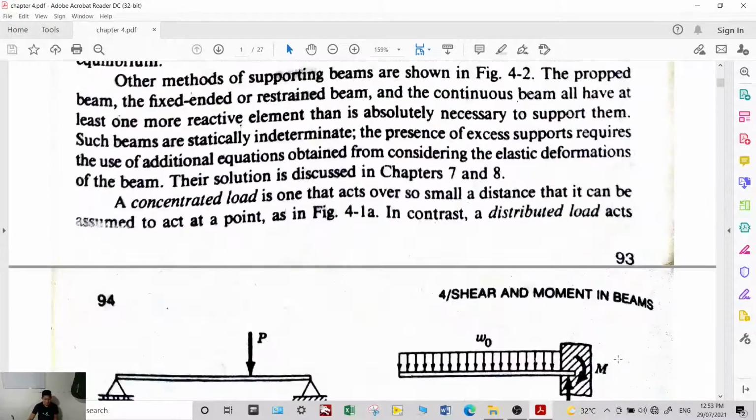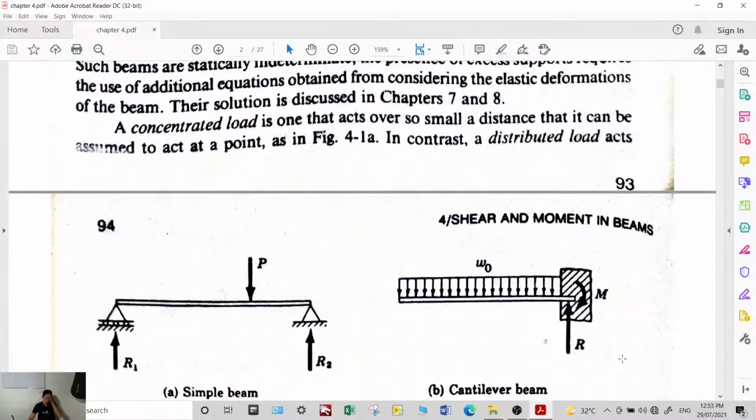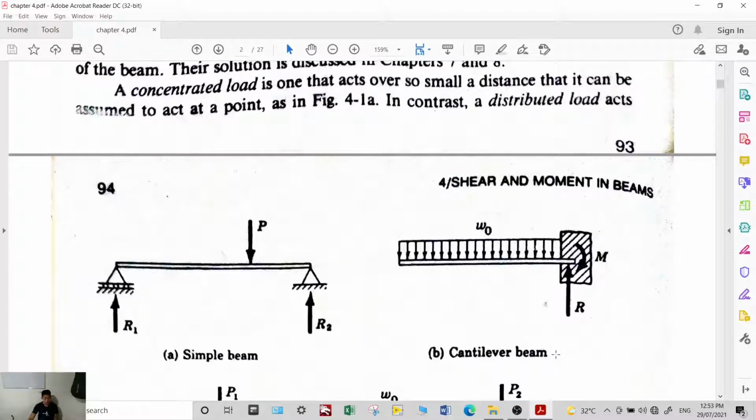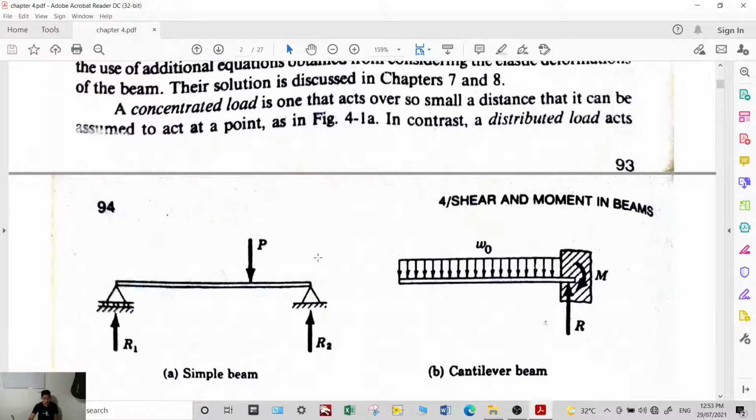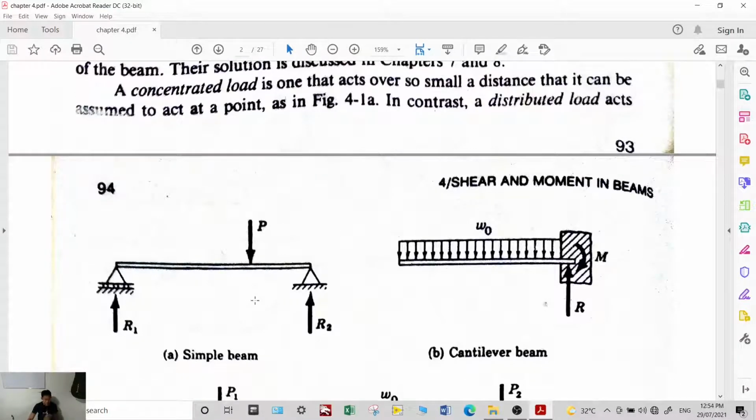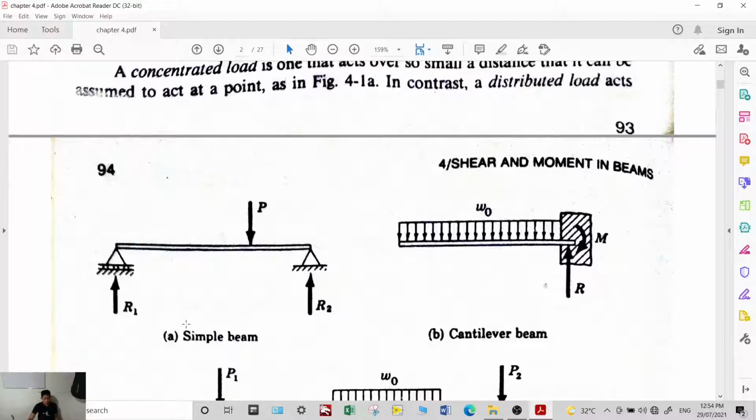Okay, so in your book, in this figure, there are many types of load. For this configuration, this is what you call a simple beam. A simple beam consists of a roller support and a smooth pin.